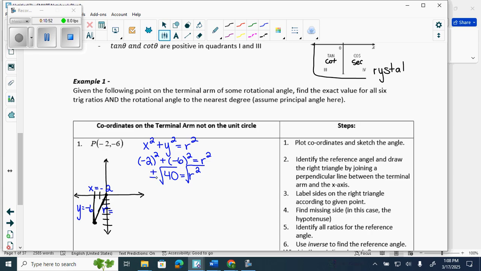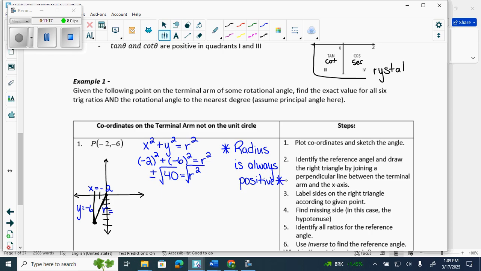Now the catch here is the radius, it's a standard of measurement, right? It's like an actual measurement. So the radius is always positive. So if you're finding r and you forget the plus or minus sign, you're lucking out.